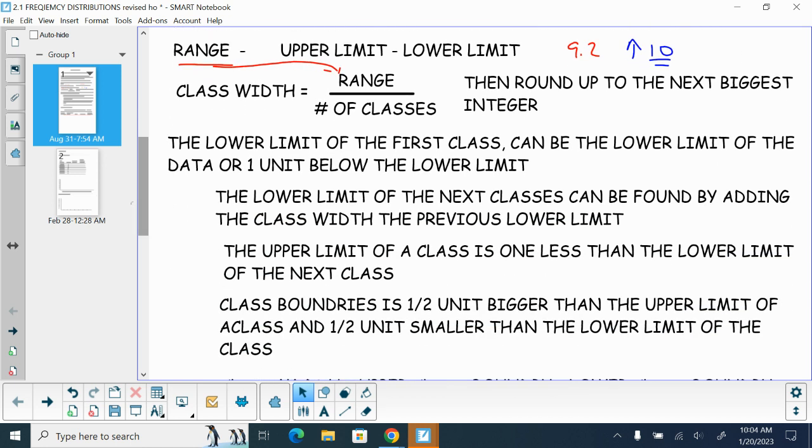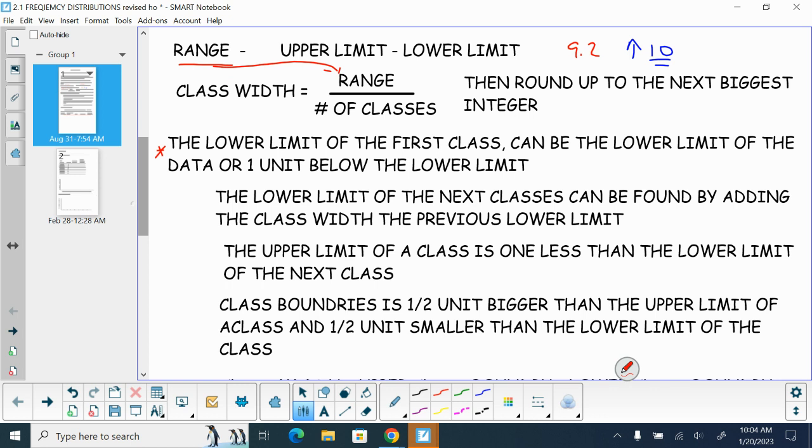So how do we make a frequency table? There's a process to go through. The lower limit of the first class can be the lower limit of the data values or one below that. You can either go one below that, or if you go one below and you do not get all your data values in classes, you're going to have to erase things out and redo it.